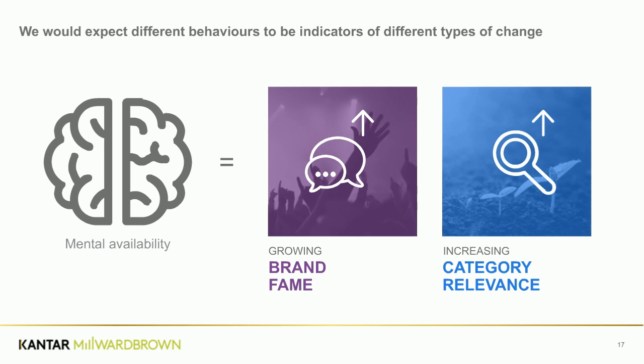So if a brand is successfully associating itself with more needs and more scenarios and more potential use cases, it's natural to expect that we would see an increase in the number of times that that brand is searched for as a potential solution to whatever question a person has.